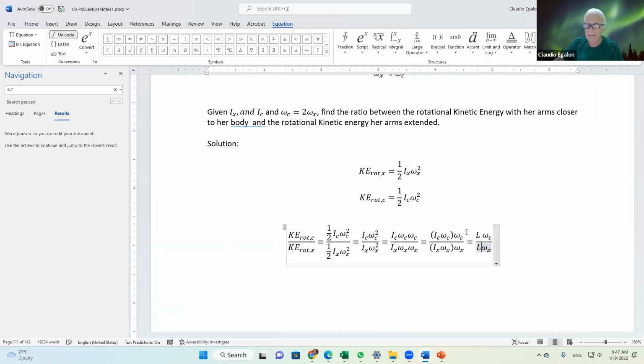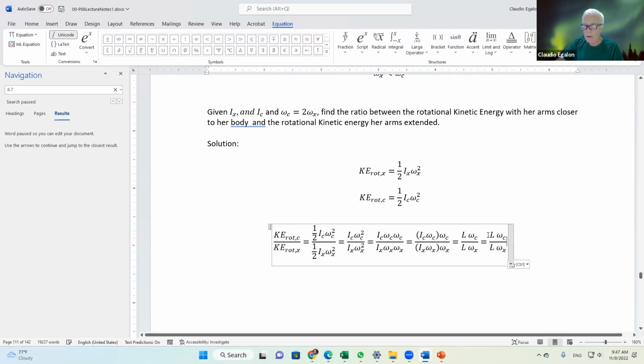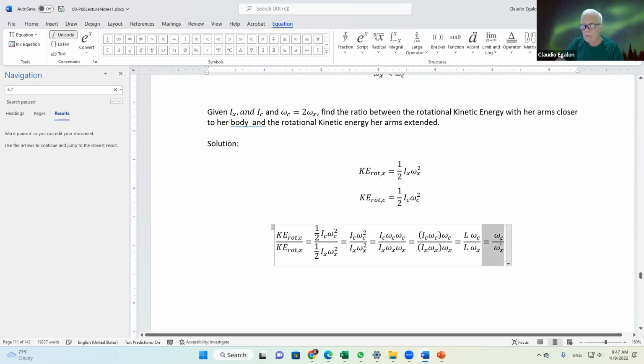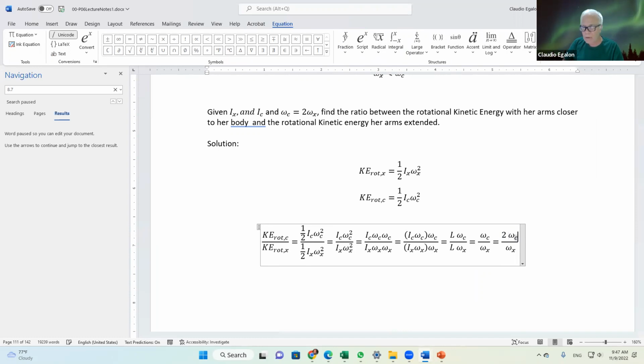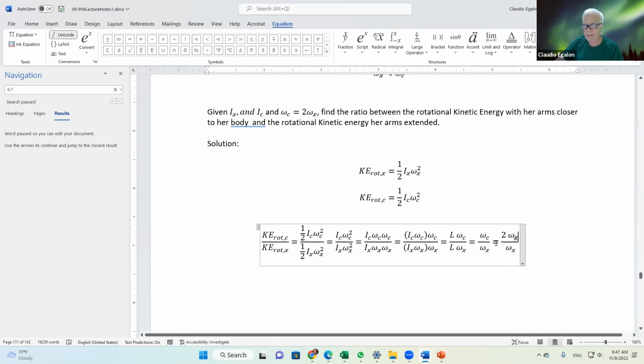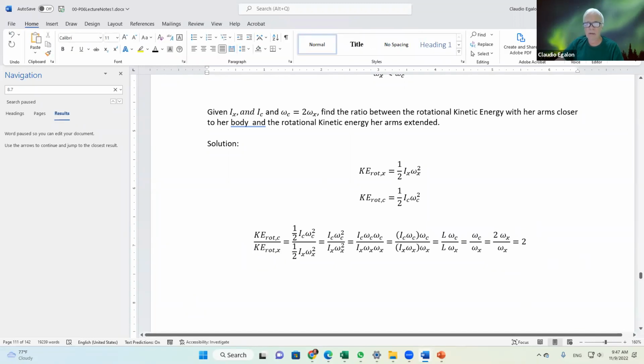Angular momentum. L cancels with L. And then we use the fact that with the arms compressed, the angular velocity is twice the angular velocity of the arms extended. And we discover that the rotational kinetic energy doubles.